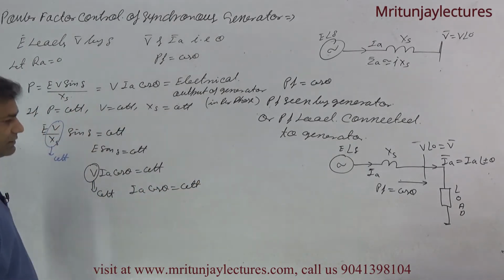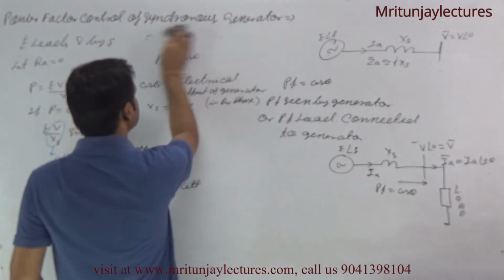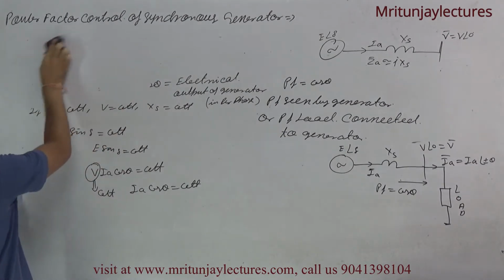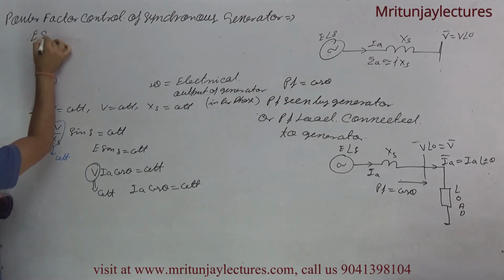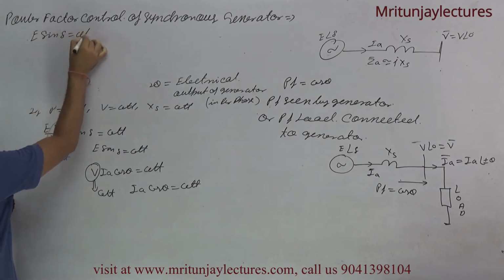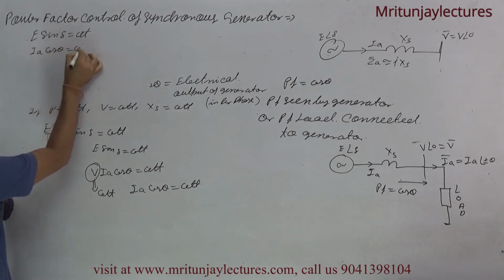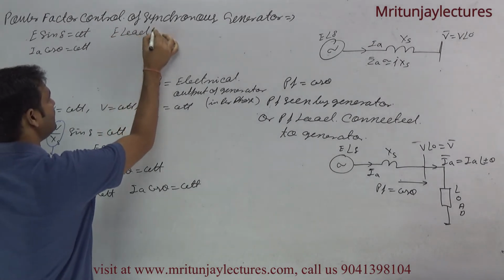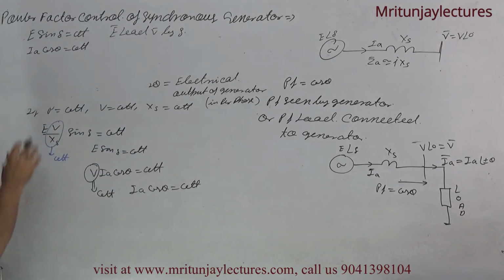So finally we got the same as a motor: E into sin delta is constant, and IA into cos theta is constant. Clear? Now E leads V by how much angle? Delta. First of all make the graph step by step.